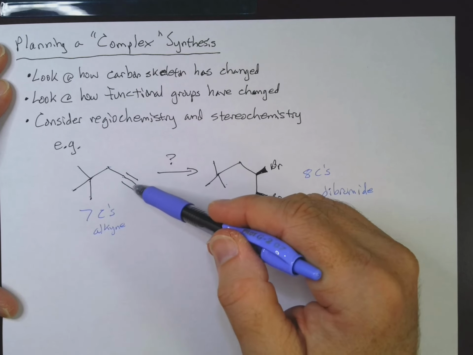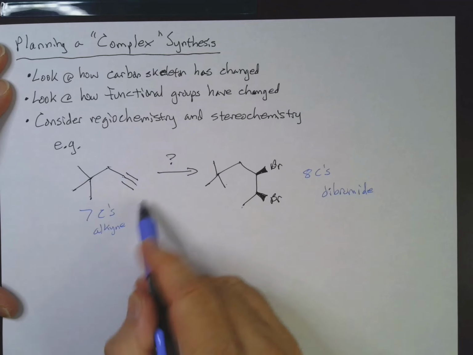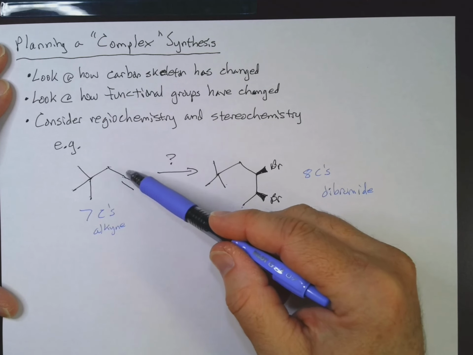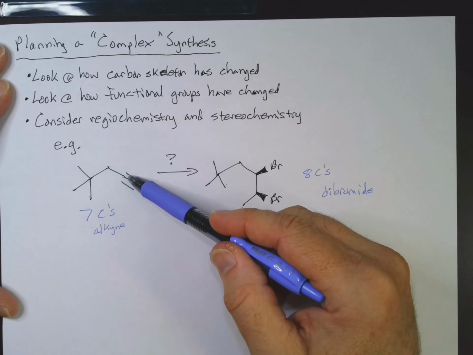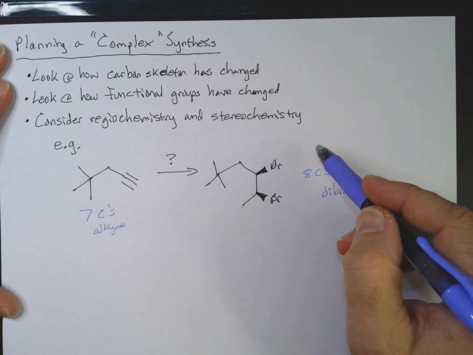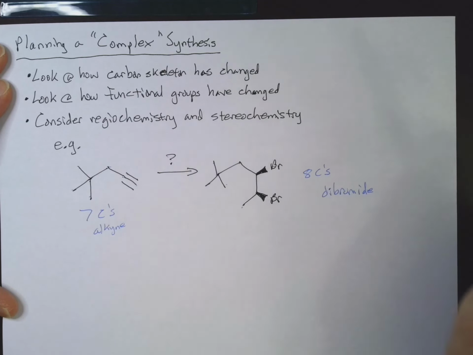Turn this into an acetylide ion, and then add a methyl bromide, and that will add a methyl group. And then if I can turn this guy into the right alkene, I know I can add 2 bromines across an alkene. So we'll take a look at that in just a bit.